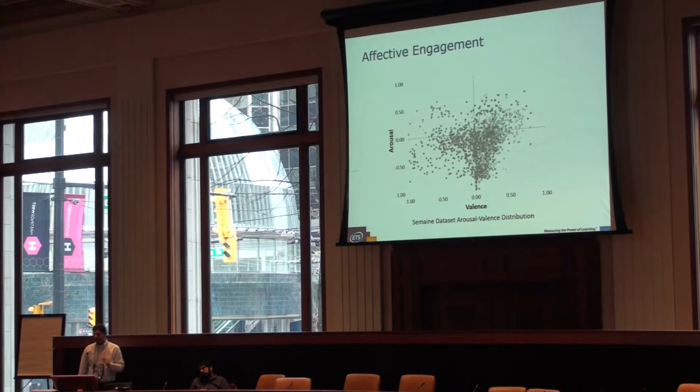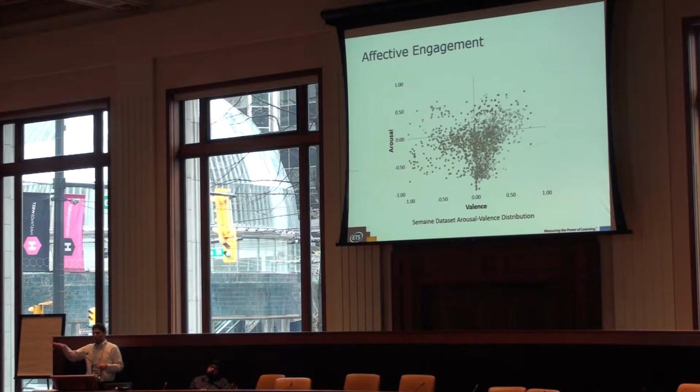With affective engagement, we're trying to capture the notion of being in a heightened state of arousal, so you're not bored, and you're also projecting positive emotion, or positive valence. If you look at the scatter plot of the arousal and valence distribution of the annotations from the CMAIN data set that I described a moment back, it's all over the map, which of course makes sense.